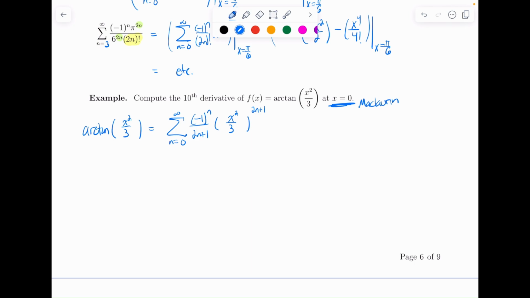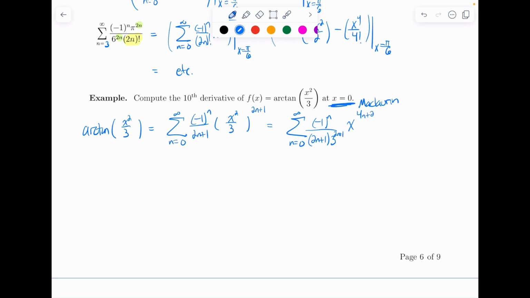And if we clean this up real quick, we can rewrite this as the series from n equals 0 to infinity, (-1)^n over 2n plus 1 times 3^(2n+1), times x to the power of, let's see, if we do the power to a power, we multiply the powers. So when we distribute that 2, we're going to get 4n plus 2.